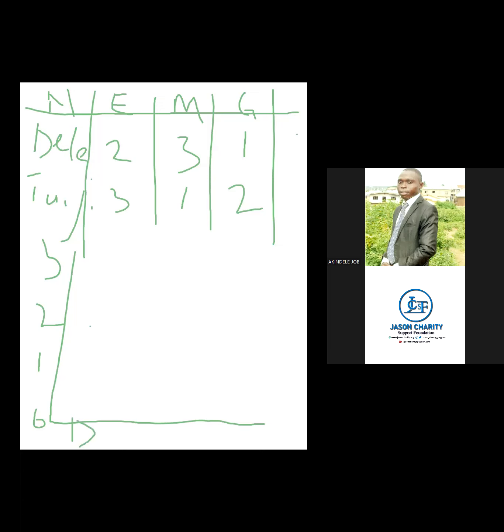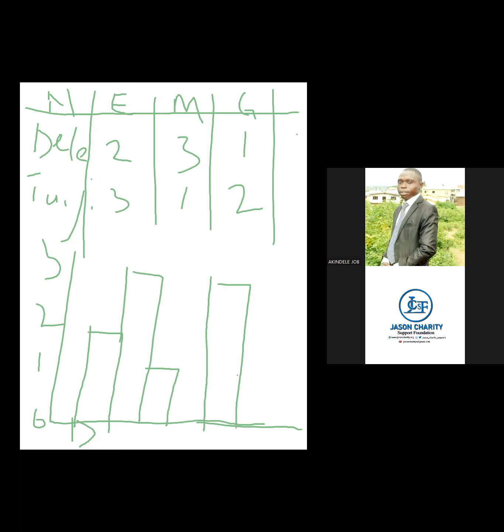In economics, you have a bar representing 2 marks, 3 marks in mathematics, and 1 mark in government. Then Tunji had 3 marks in economics, 1 mark in mathematics, and 2 marks in government.